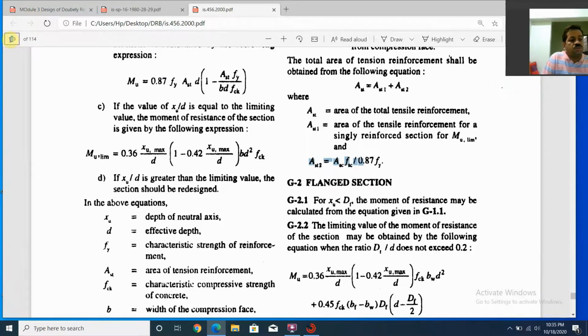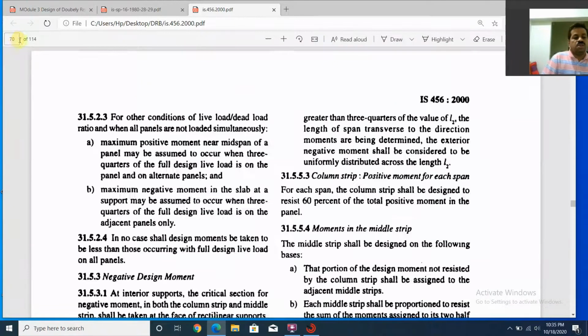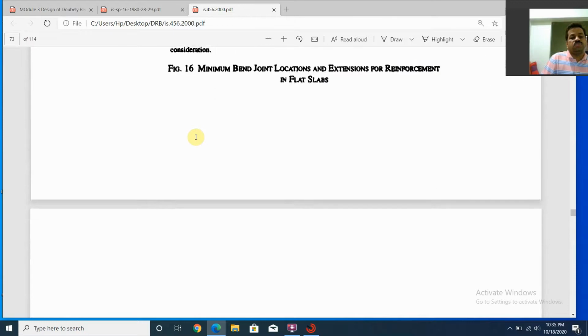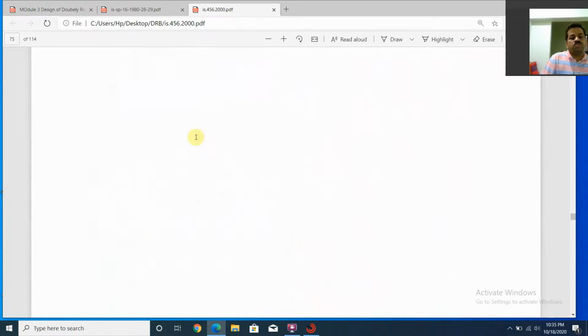I'll show you the formula which we discussed in the limit state design, given on page number 68.